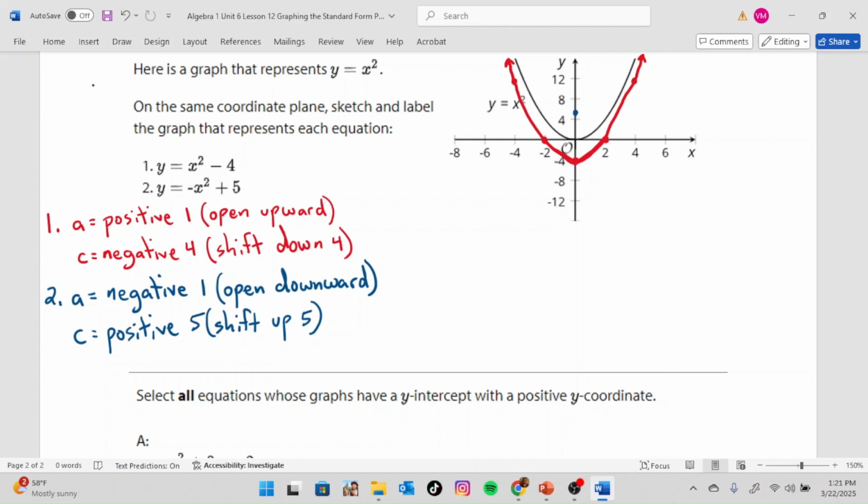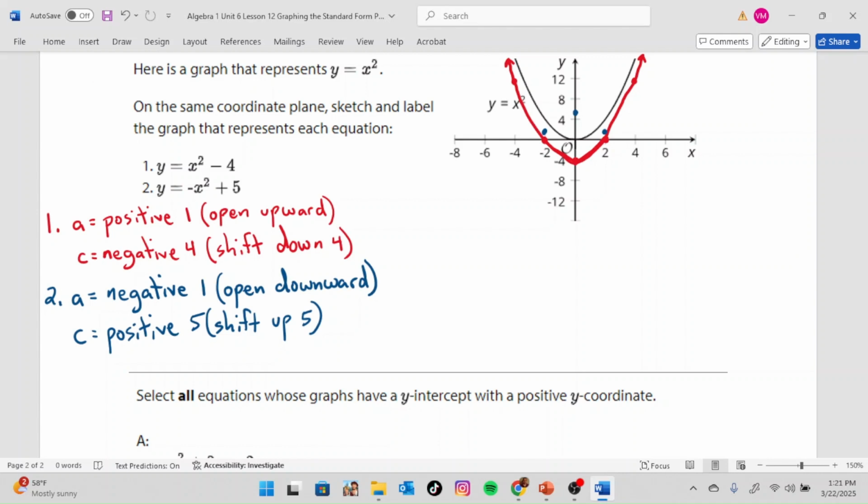To get some other points, if we put 2 in there, then 2 squared is 4. -4 plus 5 is going to be +1. So we've got a point at +1 for 2 and +1 for -2. If we go out to 4, then 4 squared is 16.